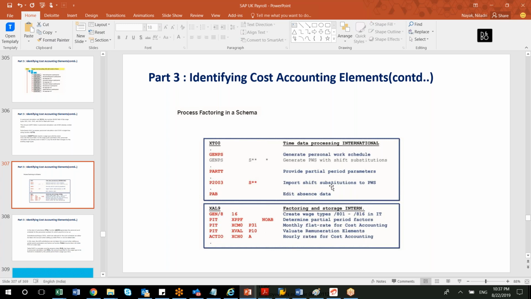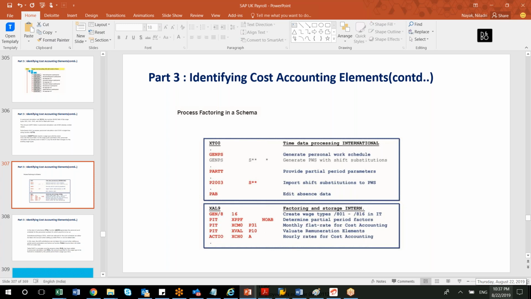Suppose I am working the morning shift every day from the 19th to the 23rd, 9 a.m. to 6 p.m., but due to some exchange on the 23rd of August, I have to do a night shift.